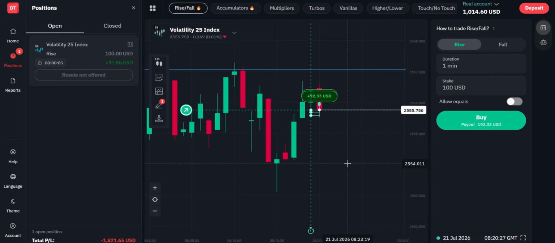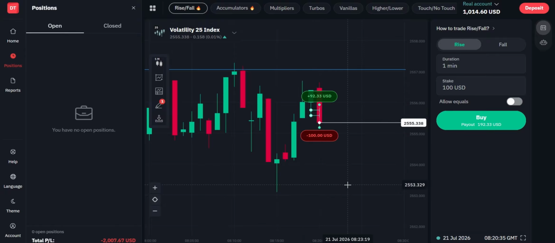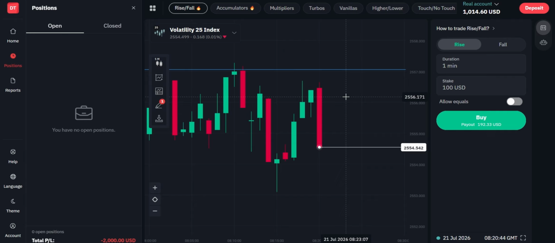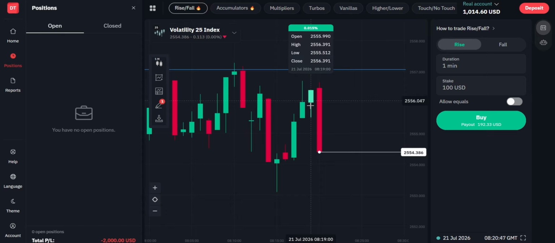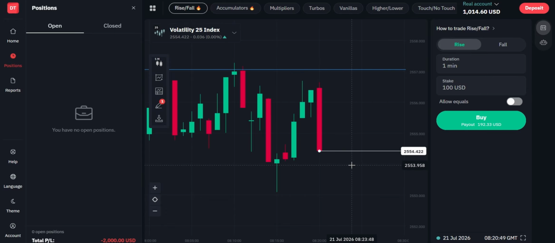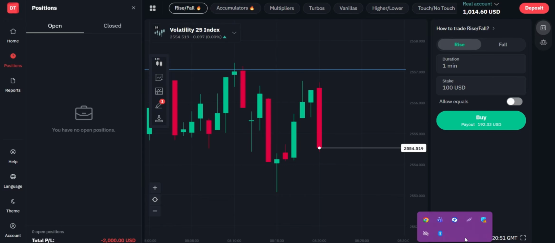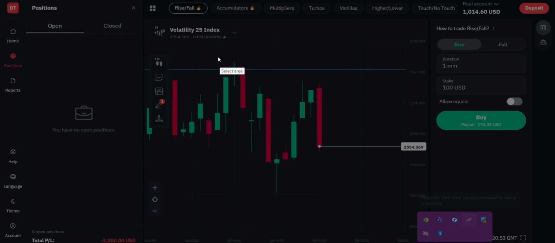Okay. All right, so I won, right? I won, and the candle closed as a bullish candle, but the next candle immediately went down, and I lost one trade. Out of four trades, I lost one trade. It's not a problem. Now I'm up more than $1,000, right? So you know which candle I traded? Let me show you.